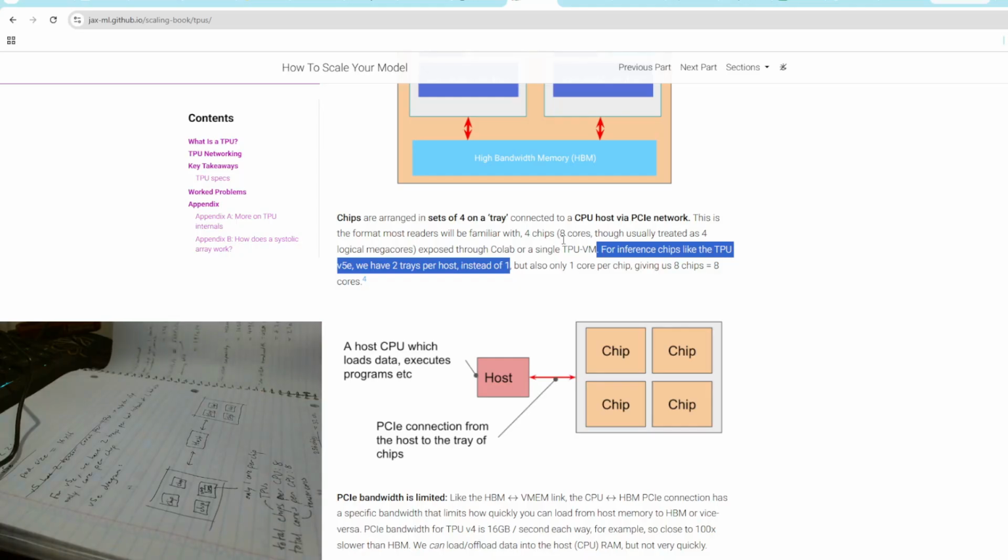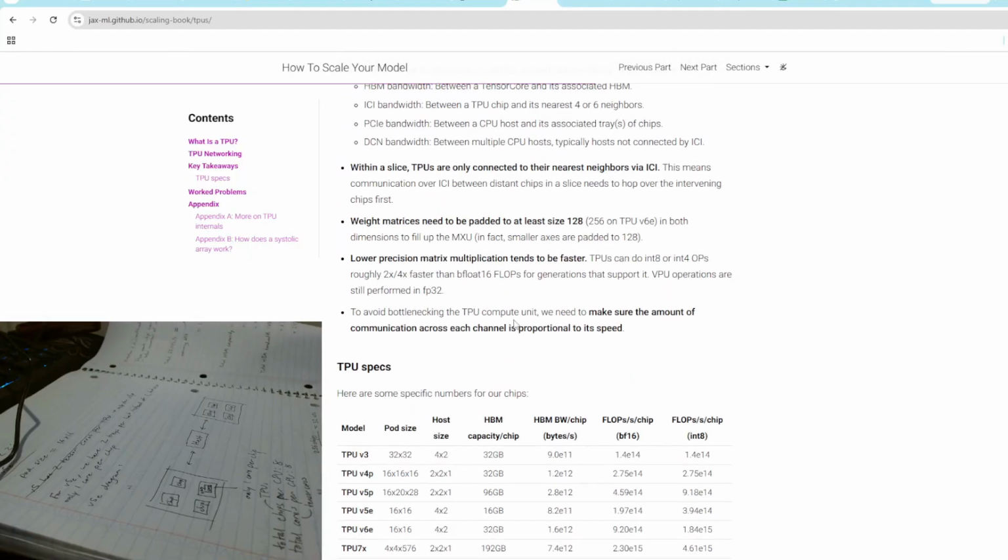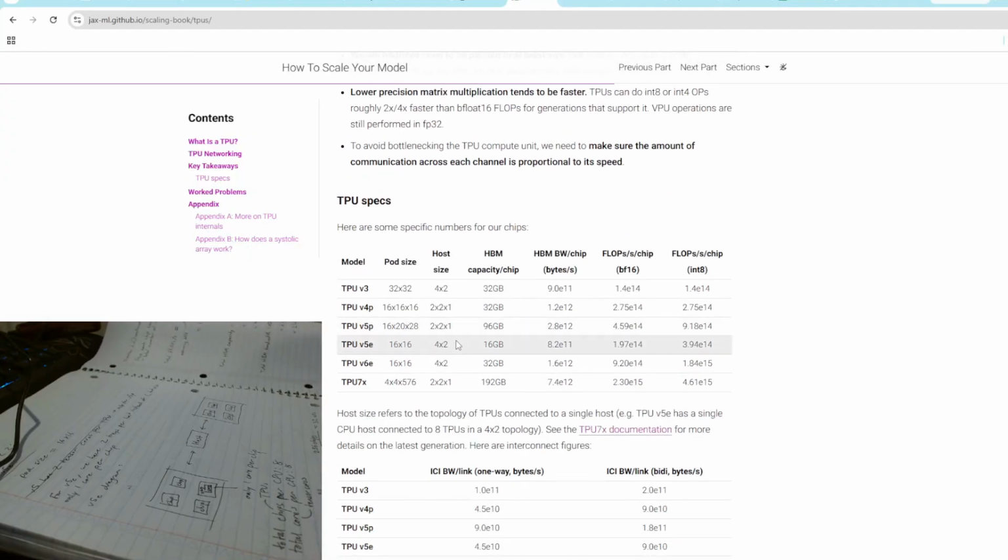I think we might have done this wrong. Four by 2. Is that the layout of the, like, tray? I'm kind of thinking it is now.